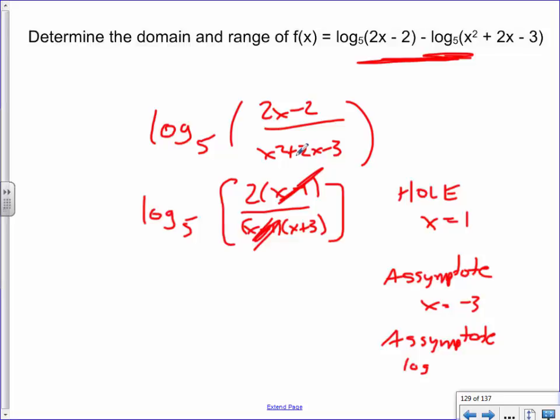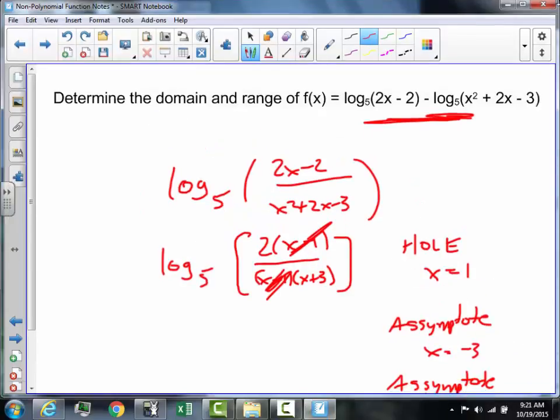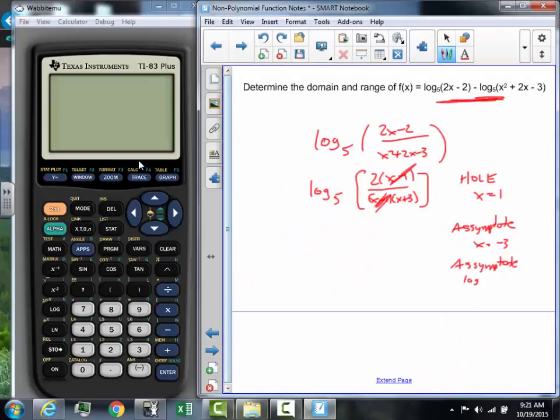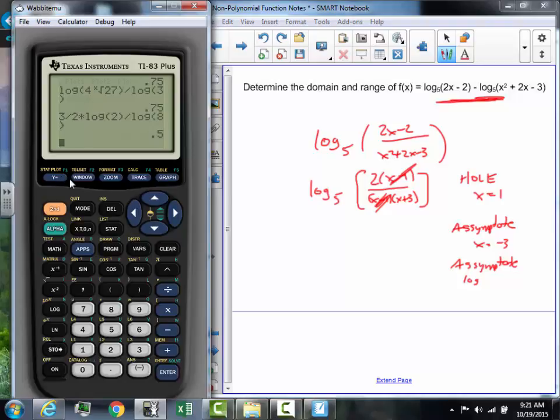But now I'm actually going to try typing in my graphing calculator. I didn't want to do it at first, but now let's get a better look at it. I'm going to recommend we type in the original. If you have the ability to do the little small 5, you could do that. I'm going to do change of base because that's how my calculator works. So here's what it's going to be. Log of 2x minus 2, and then I have to divide by log 5, because that's the only way to make a base work on my calculator. If you can do the little 5, though, do the little 5.